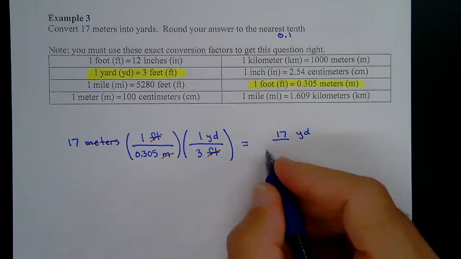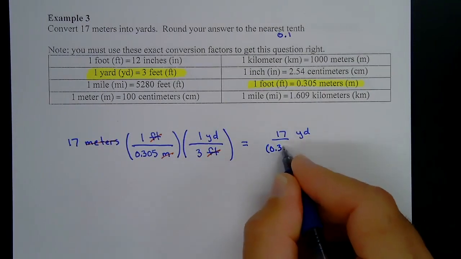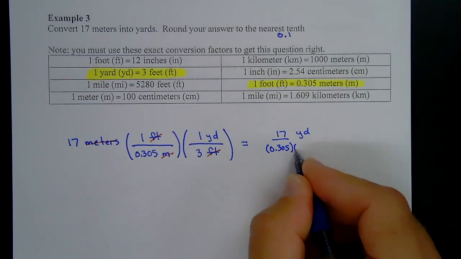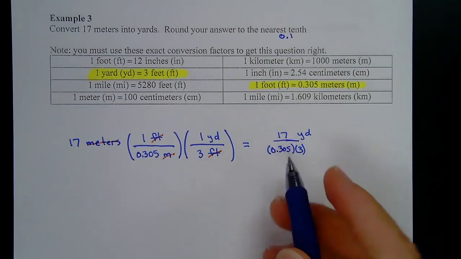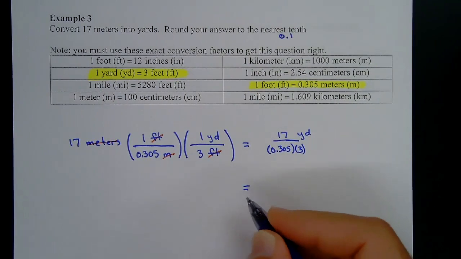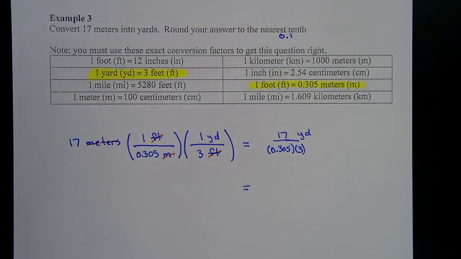So this is equal to 17 yards over 0.305 times 3. I'm going to write that as a math problem: 17 divided by 0.305 times 3. Now I'm going to put this into a calculator and get a decimal approximation. I'm putting it in my calculator right now, and I forgot to put the division symbol.